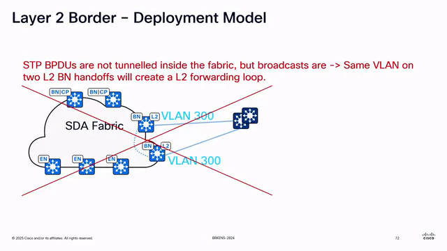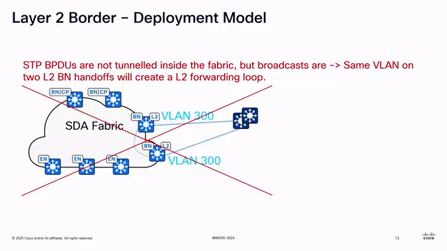Because if you have dual homing, and most customers or businesses want to have dual homing for redundancy, you have a problem that the layer 2 flooding packets are transmitted through the fabric, but spanning tree BPDUs are not. Right? So if you look at this topology, from spanning tree perspective, there are 2 links. But in reality, there are 3. So you just created a forwarding loop. Right? That's why this deployment scenario is not supported.